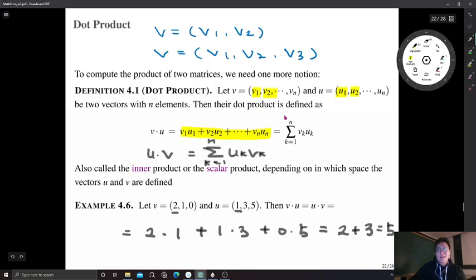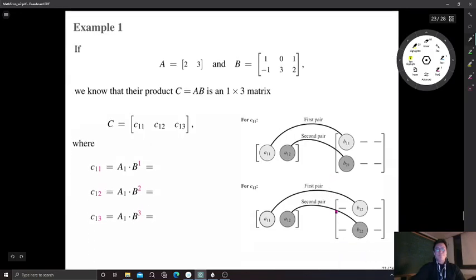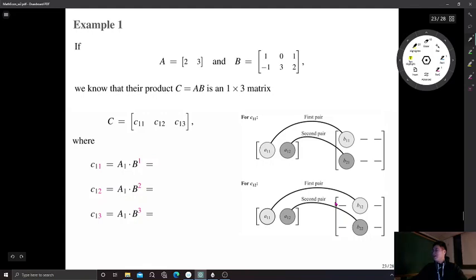That is the same, meaning that for this dot product, the commutative law does hold. Even if we change the order, we have the same result. So now we figured out how to multiply two vectors.